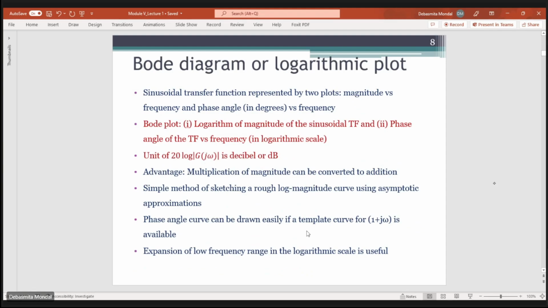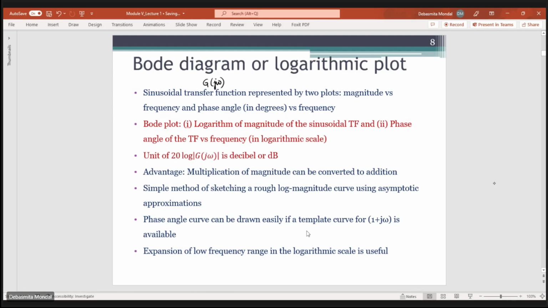We have already said that for any sinusoidal transfer function, which is nothing but G of j omega, it can be represented by two plots. One is the magnitude versus frequency, the other is the phase angle versus frequency.